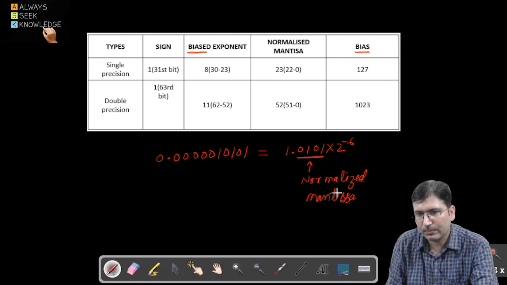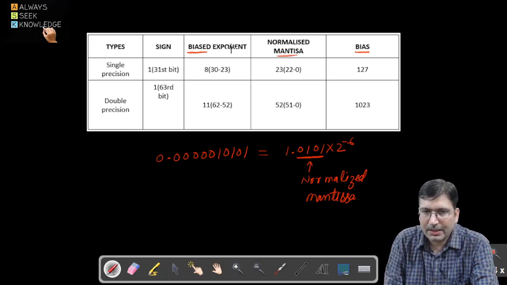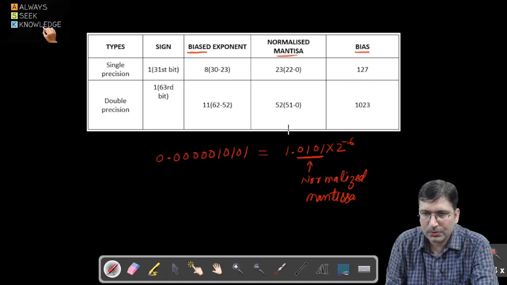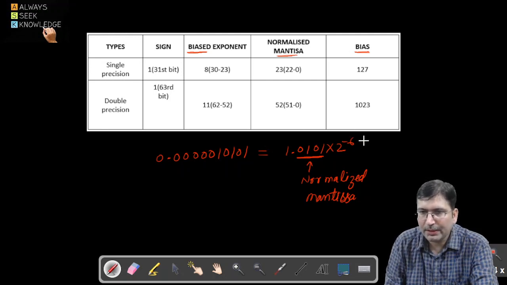So I hope you do understand what is the meaning of normalized mantissa. Now let's try to understand what is the meaning of biased exponent. In single precision, if we want to store this particular number, then this exponent needs to be added to the bias value.